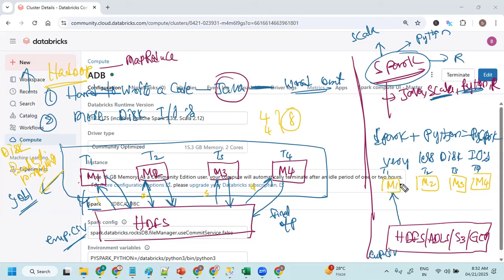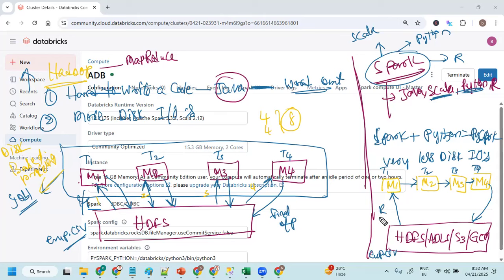That output you're directly giving to transformation 2. You're not coming back to the storage again. You're applying some transformation here. Again, you're giving the output of mapper 2 to mapper 3. And the output of mapper 3 will be given to mapper 4. And the output of mapper 4 is going to be given to the HDFS.